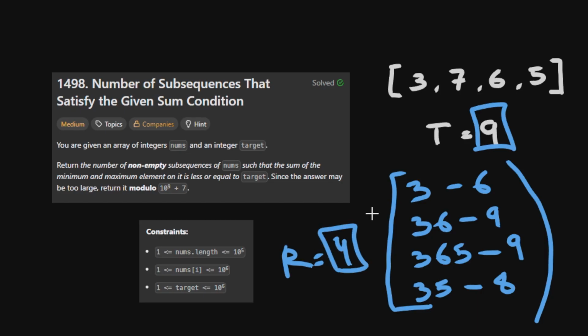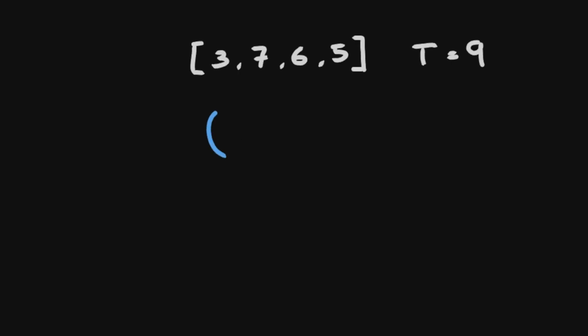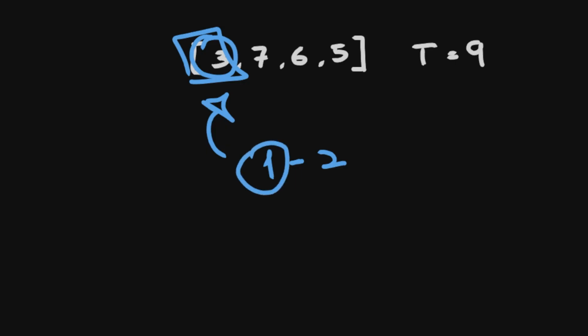Now let's see how to solve this. The first thing to notice here is that for each subsequence we only care about one element or at most 2 elements. So if we take 3 for example, the sum of the minimum and the maximum elements is 6. And this is a valid subsequence, and here we only care about one element.